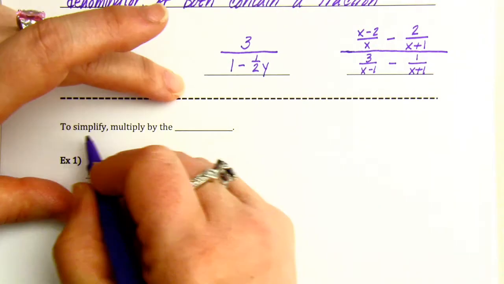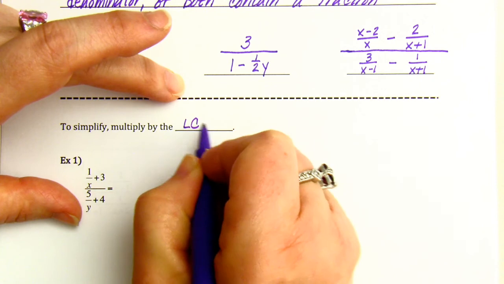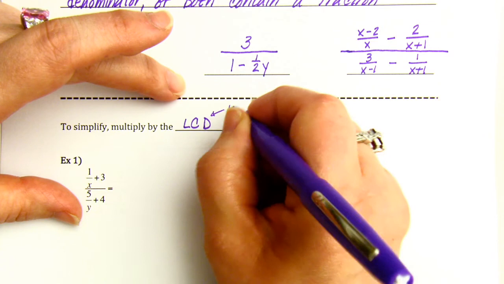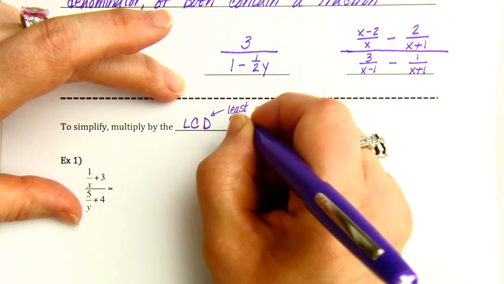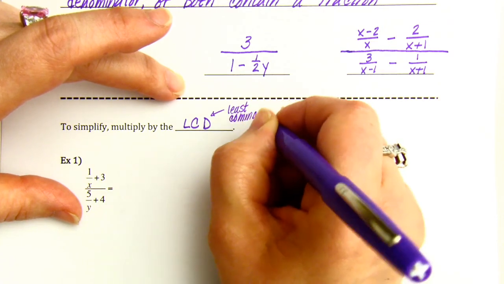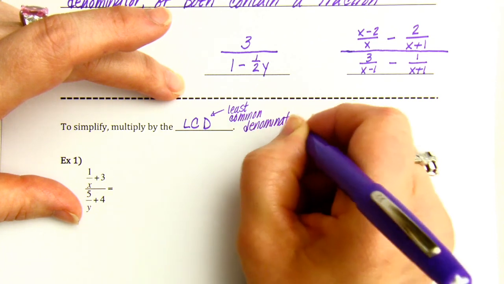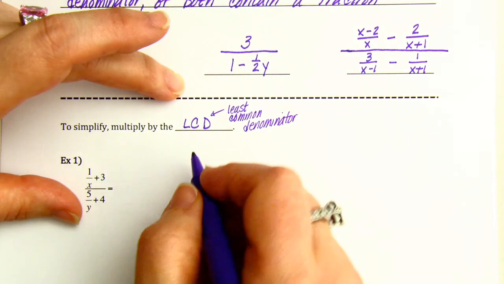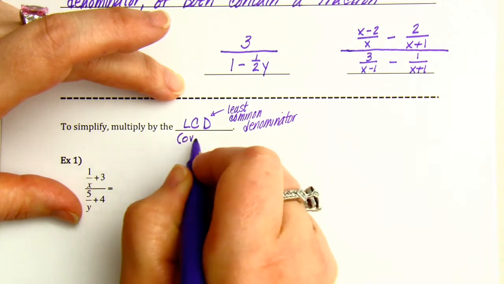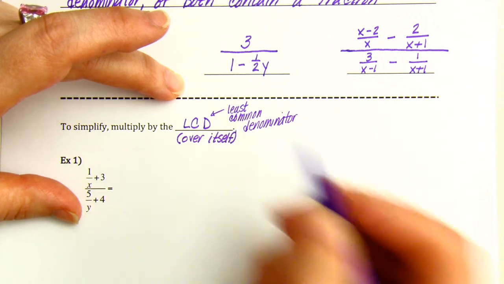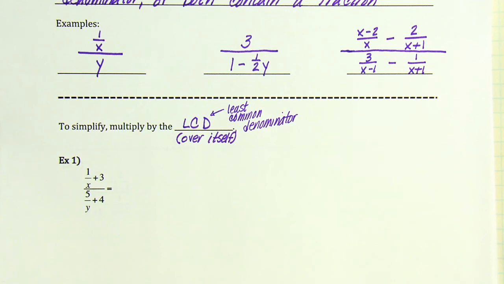So we're going to multiply by the LCD, which is your least common denominator, and you're going to multiply by the LCD over itself. Sort of like when we did rationalizing the denominator, you had to multiply by the conjugate over itself. Here we're going to multiply by the least common denominator over itself.